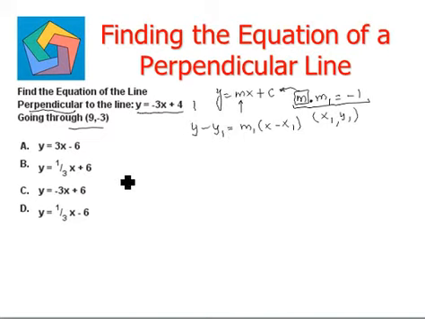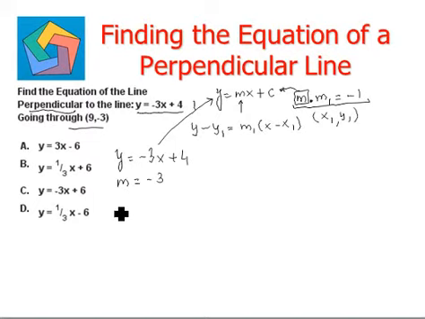Now let's start off. We are given the equation y equals negative 3x plus 4. This is already in slope intercept form. Comparing it to the slope intercept form, we see that m equals negative 3.